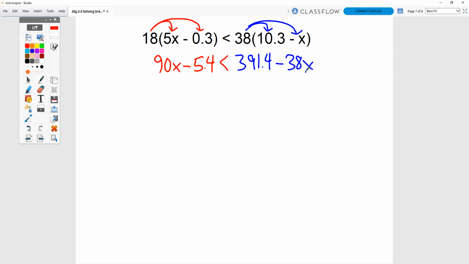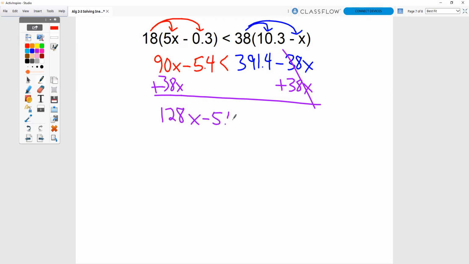Now I can see that I have letters on both sides of the equal sign. I like working with the smaller of the two letters first. So I'm going to get rid of that minus 38 by doing plus 38x and plus 38x. 90 plus 38 is 128x. Bring down everything that you didn't use yet. Now it's just a two-step equation.